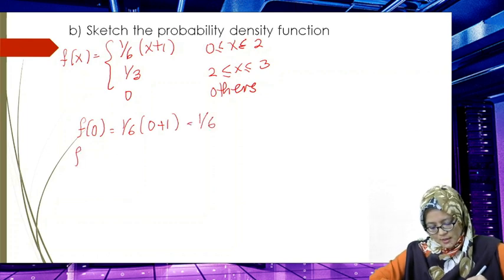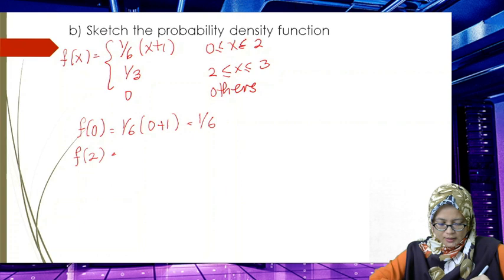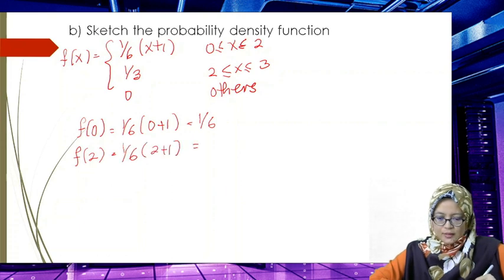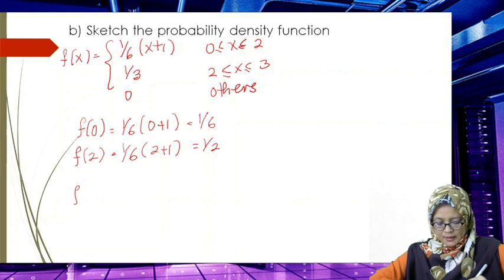So ambil nilai 2. Untuk first interval ni, ambil nilai 2, ganti juga dalam function tadi, 1 over 6, 2 plus 1. So kita akan dapat 1 over 2. Okay, so untuk second interval, ganti x2. So interval 2 to 3, so kita akan ganti x2.